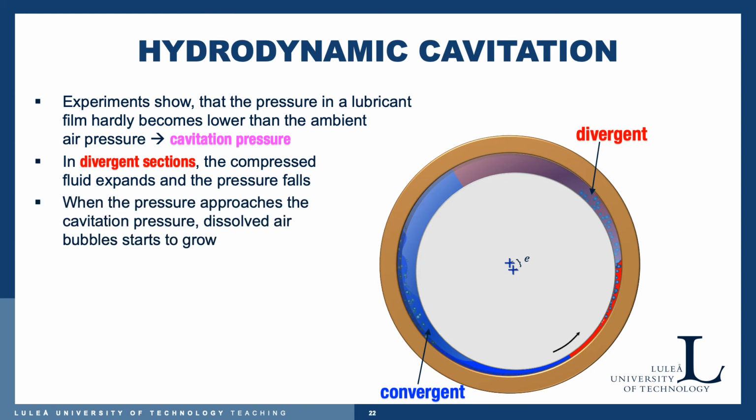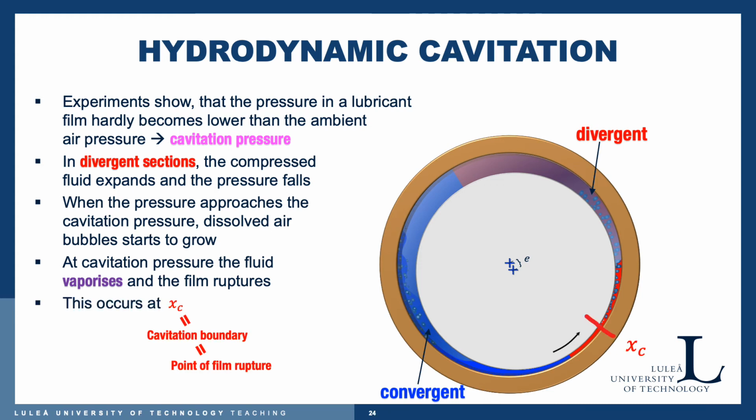And as the pressure falls, it approaches the cavitation pressure, atmospheric pressure, and dissolved air bubbles start to grow. And now, at the very cavitation pressure, the fluid vaporizes and the film ruptures. And this occurs at the cavitation boundary, here marked as XC on the bearing.